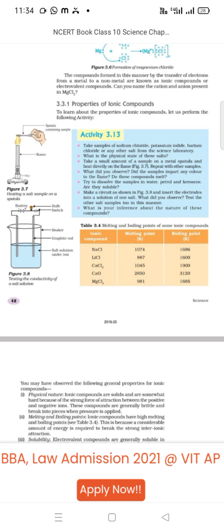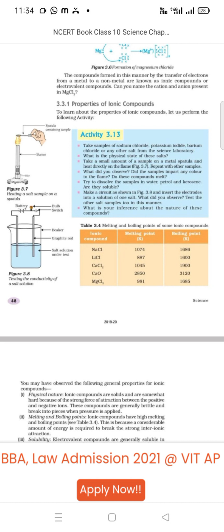So what are the properties? Salt will neither get evaporated, nor will it get molten. It needs a higher temperature to melt, and it is not going to vanish anywhere. When an ionic compound is formed, you will find crystals.